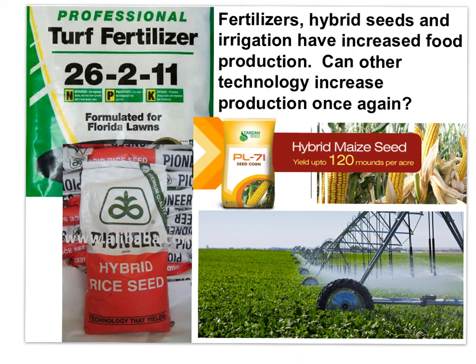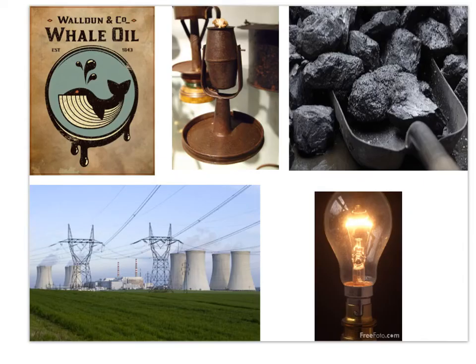Truthfully, cheap fossil fuel was also very important. These technologies increased food supply, thus allowing for the exponential growth in humans. These technologies increased the Earth's carrying capacity. Can we do it again? In providing light, technological developments have brought us whale oil, then coal, then nuclear power.